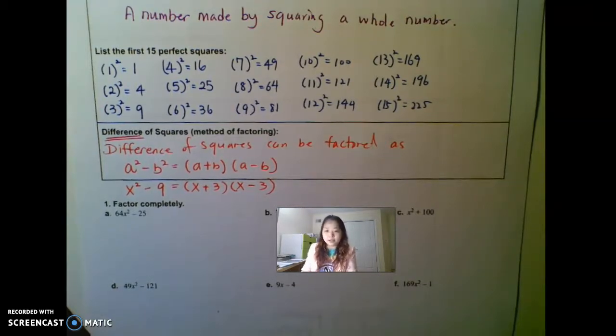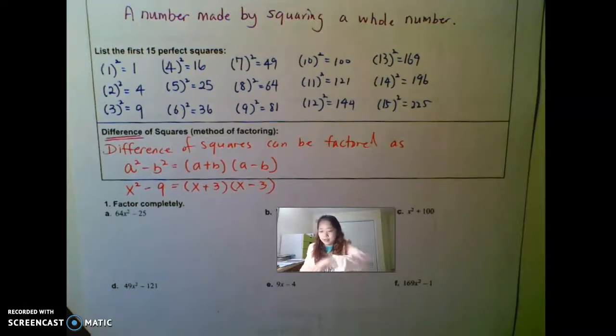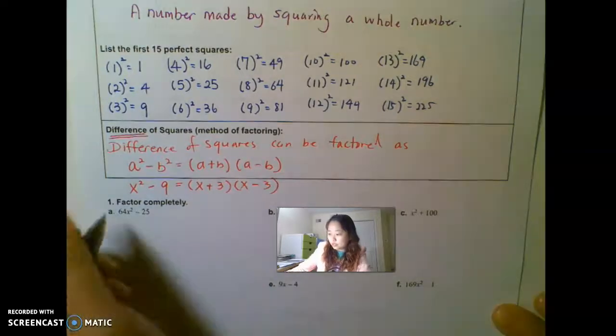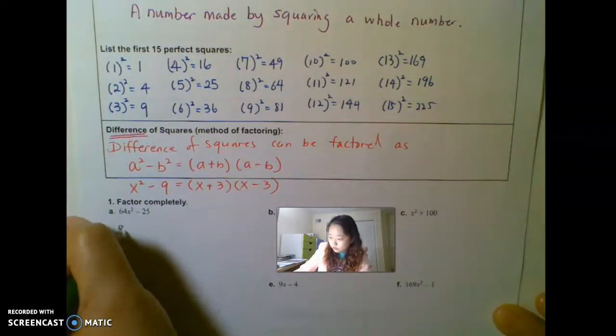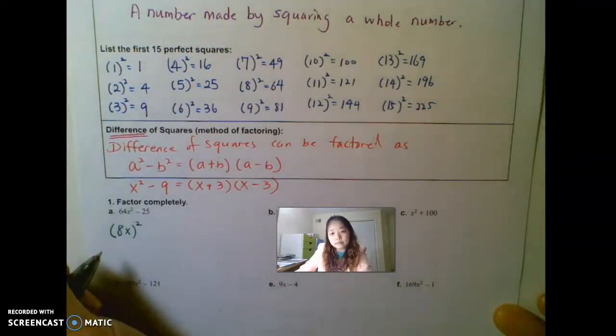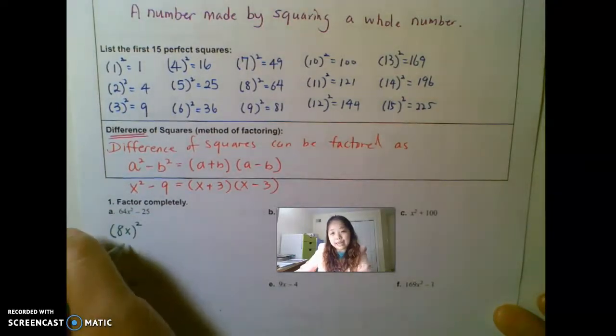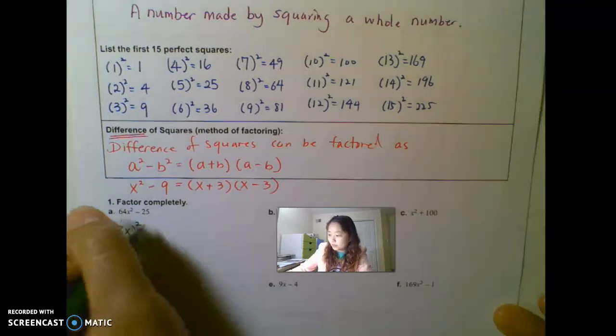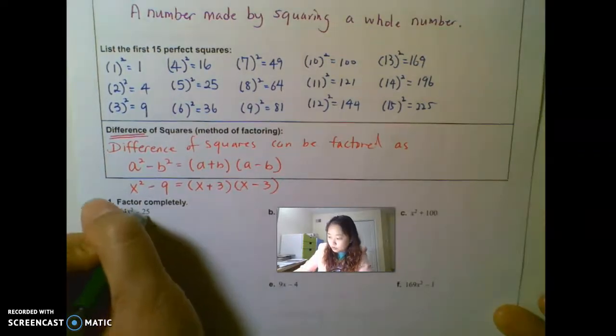All right, so factor completely. So we're trying to factor 64x squared minus 25. Is 64 a perfect square? Yes, it is. 64 is 8 squared, right? So watch what I'm doing. I'm turning 64x squared into 8x squared. So 8 times 8 is 64. x times x is x squared, right? And then minus the 25.